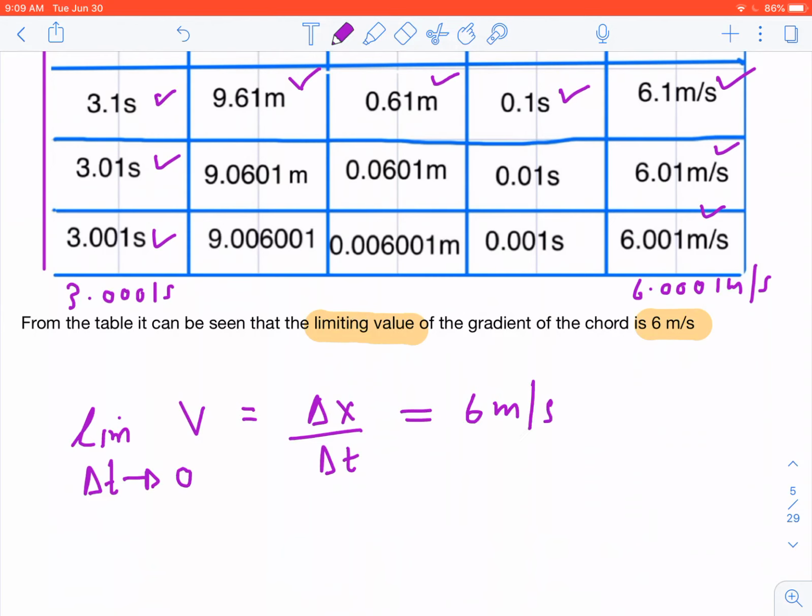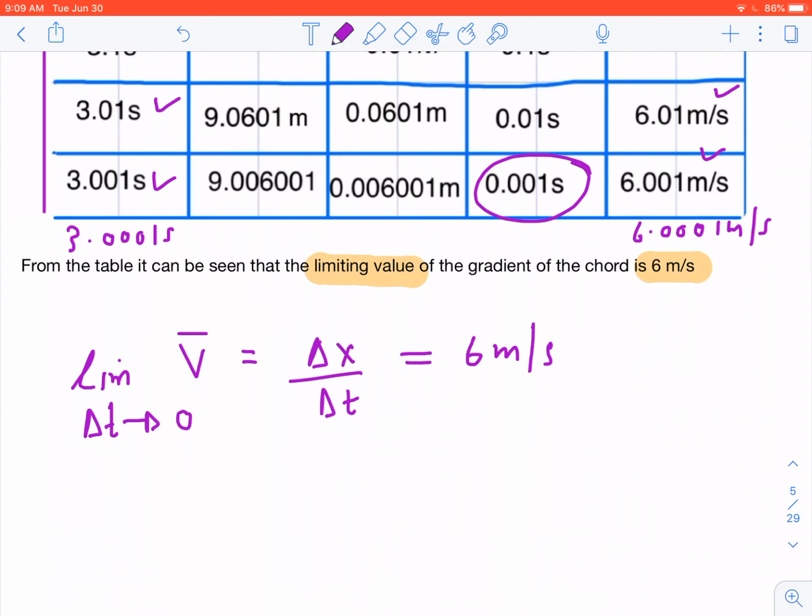So if we take the limit of that average velocity as the change in time approaches 0, your limiting value would be 6 meters per second when the time is very, very short. Alright, so this is how we write it mathematically.